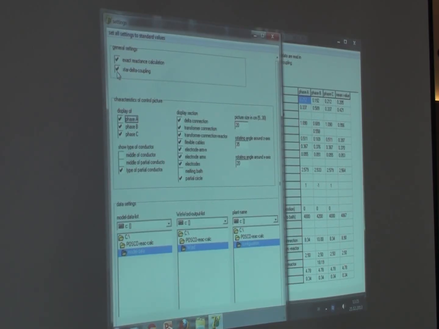You may have a look on this. This is the delta connection, this is the furnace star connection. You know this. When we think about this, then you have here 1, 2, 3, 4, 5, 6 conductors, 7, 8, 9 conductors, and the total system has an impedance like this, 9 square 9.